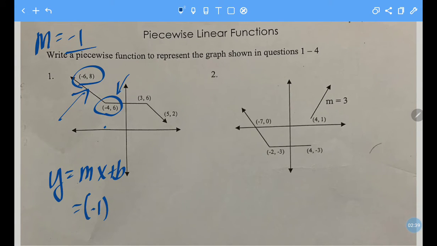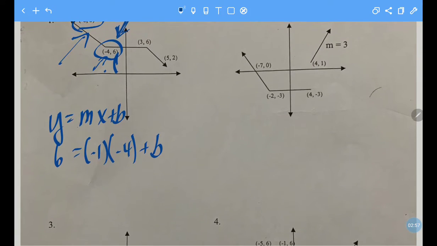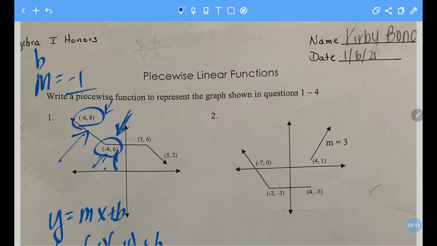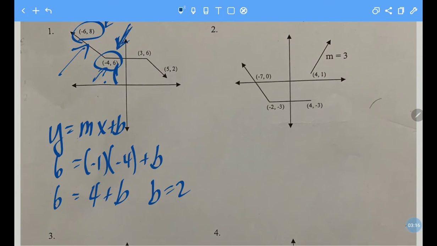Now you can pick either of these points. I'm going to pick this one right here. There's my y value, 6. There's my x value, -4. I don't know my b value. I do a little math here and get 6 equals 4 plus b. How good are you at your algebra? I subtract 4 from both sides, and I get b equals 2. Now I know what my slope is, and I know what my y-intercept is.